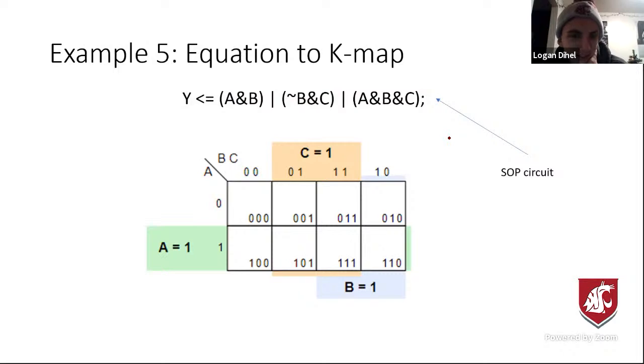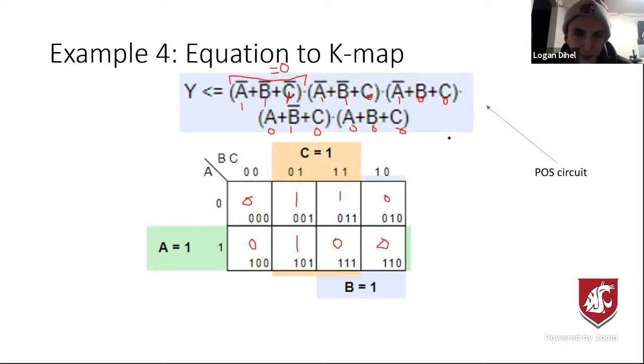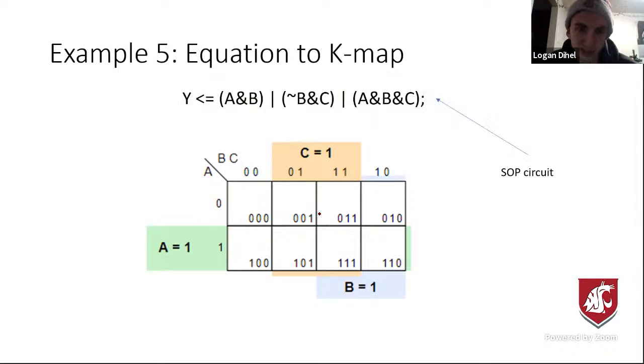And then here's one more example. On the last ones, every single term went to exactly 1 square. This example is different. This is an SOP, so we're looking for when this equals 1. That happens when both A and B are 1s. If we look at this whole bottom region, this is all A is 1, and this half of the rectangle is when B equals 1.